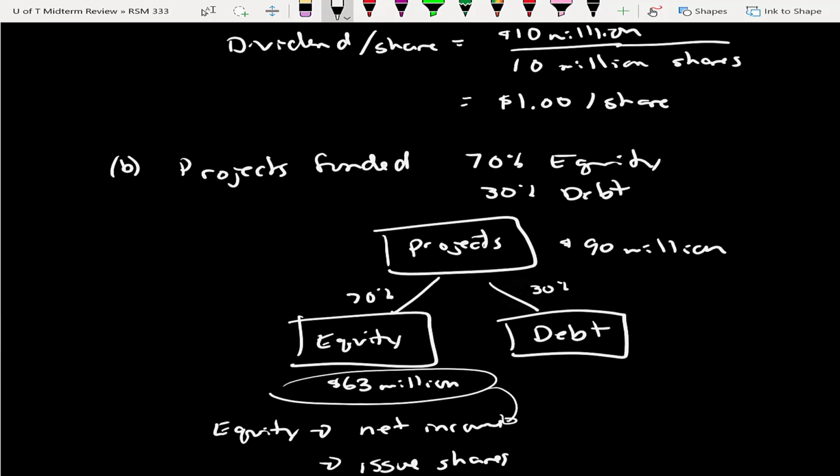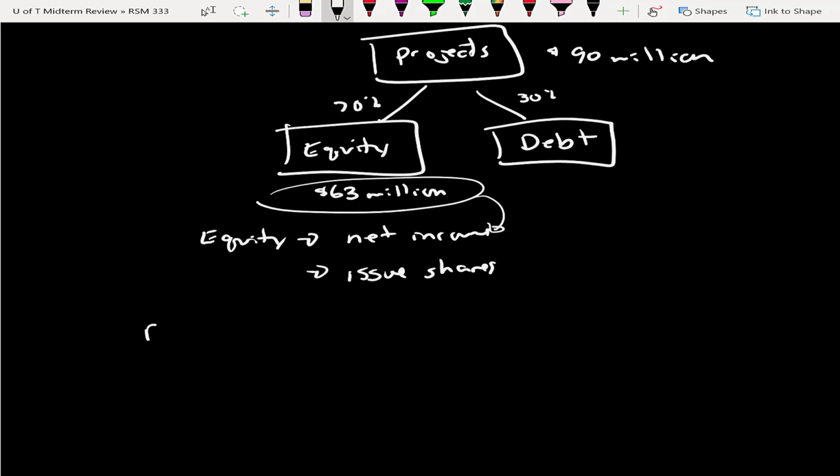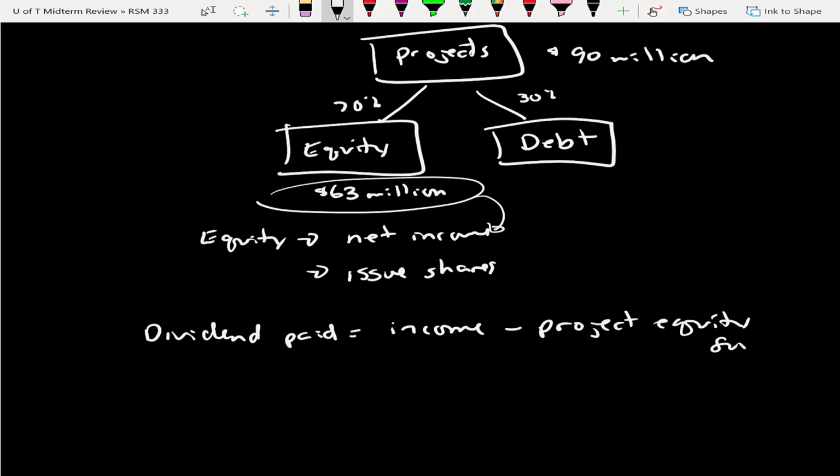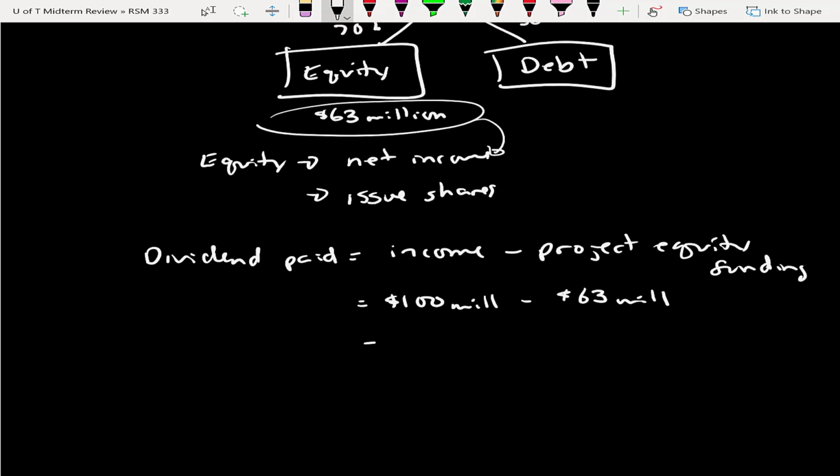So now, the dividend paid is going to be the income minus the project equity funding. So our income available was 100 million, and we just calculated that we need 63 million to fund our projects from our equity portion.